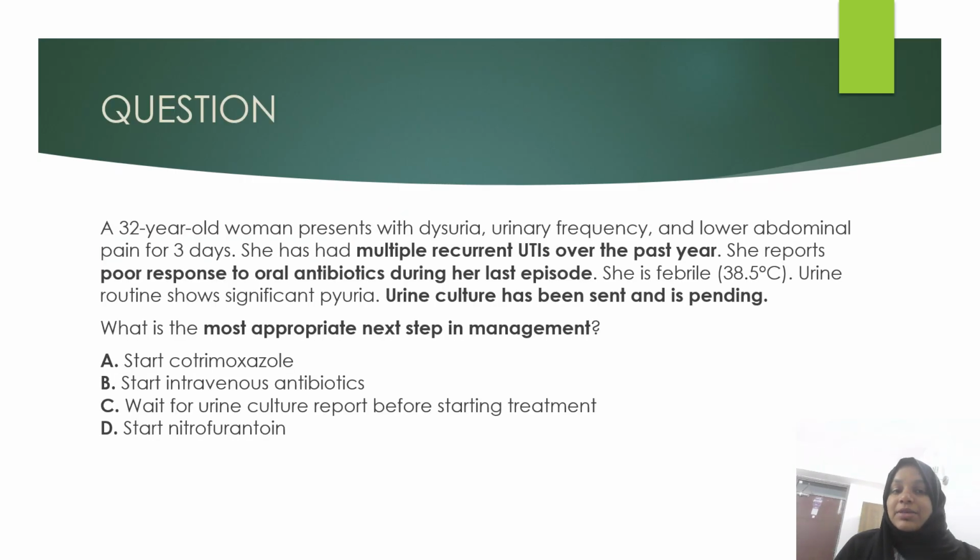But there was another question which was a similar presentation. A 32-year-old with dysuria, urinary frequency, lower abdominal pain for 3 days. Had multiple recurrent UTI over the past year, but there was poor response to oral antibiotics during her last episode. She is febrile, urine routine shows significant pyuria, culture sent pending.